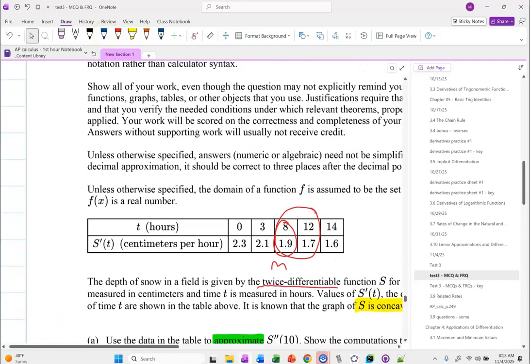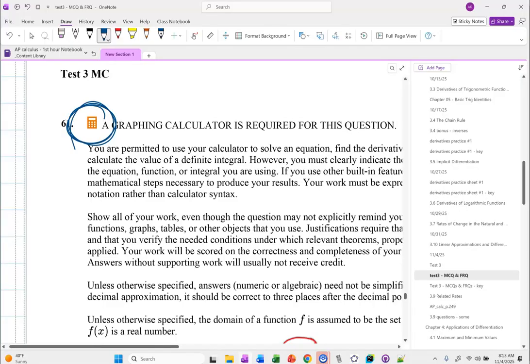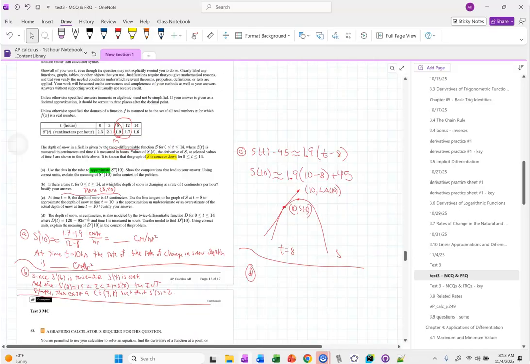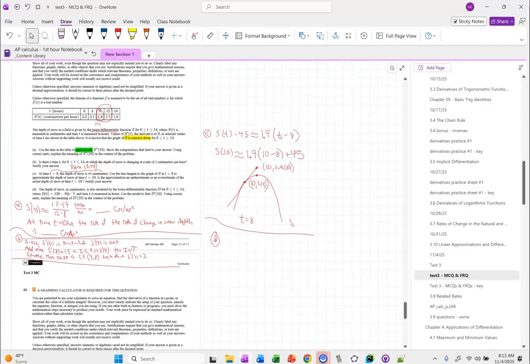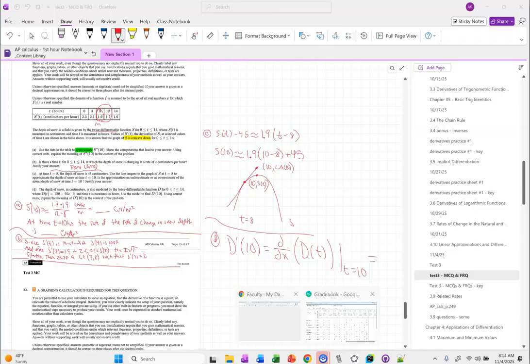You can do it that way, but what should you really do? Type it into your calculator and have the calculator find the number for you, right? If it is calculator active, and you can do it just typing it into your calculator, I would write that for my work, and then I would type it in my calculator and press enter.